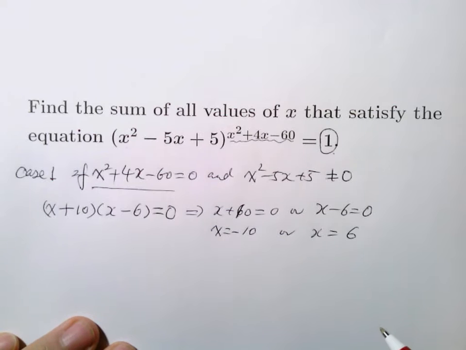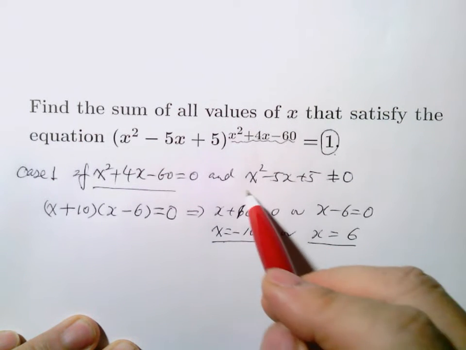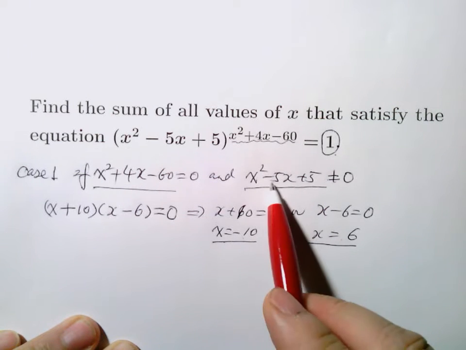So now let's verify if negative 10 and 6 will make the base equal to 0.